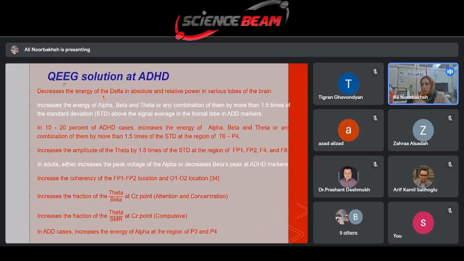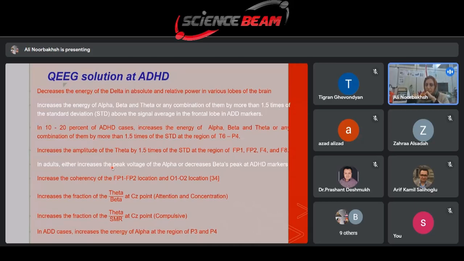You can see it on page 34 in the NeuroGuide software. Increase the fraction of the theta beta ratio at the CZ point, which is related again to the attention index. Increase the fraction of the theta SMR at the CZ point, again, compulsive behavior.